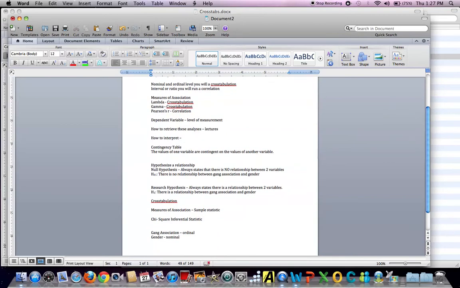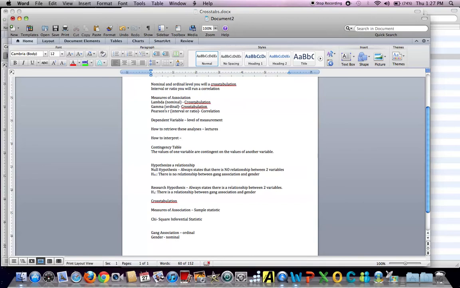I forgot to put up some additional notes. Lambda would be used with nominal level measures. Gamma would be ordinal level measures, and Pearson's R would be interval or ratio level measures.